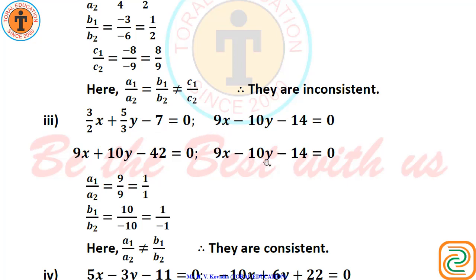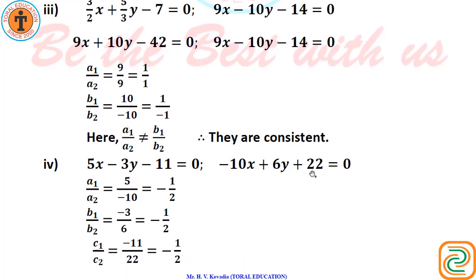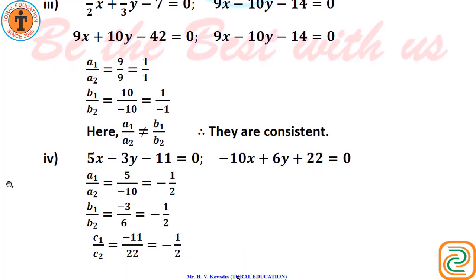Here a1/a2 is 9/9, that is 1/1, and b1/b2 is 10 upon minus 10, that is 1 upon minus 1. Here a1/a2 is not equal to b1/b2, so they are consistent. Now question 4: 5x minus 3y minus 11 equals 0.